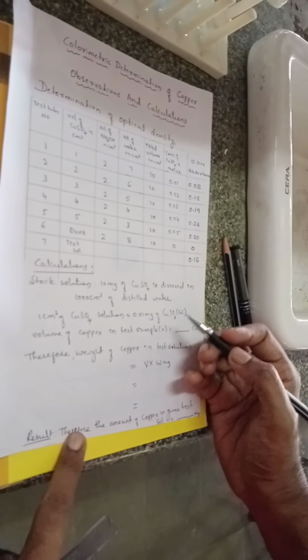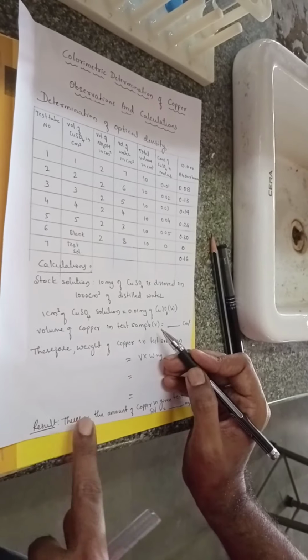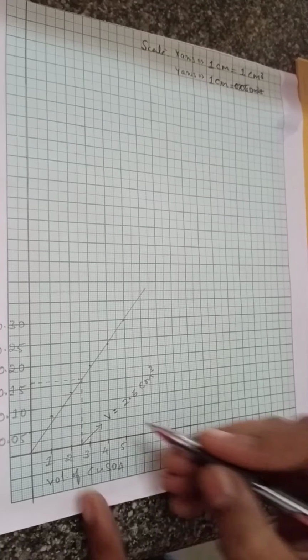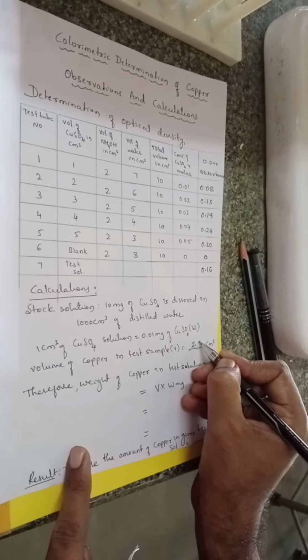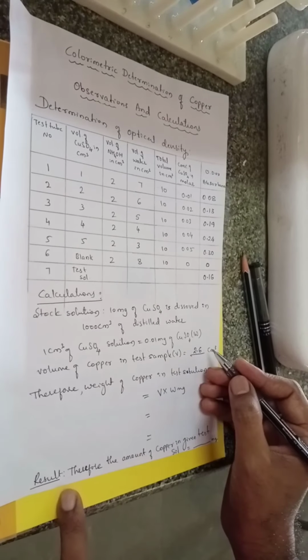Now the volume of copper in the test solution, which came through the graph, that is the V value, 2.6 cm cube.